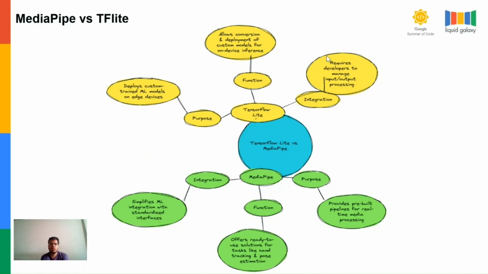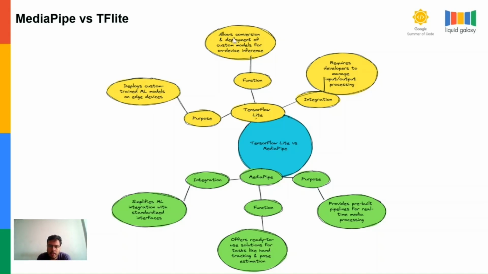So now we have to compare MediaPipe versus TensorFlow Lite. We know that MediaPipe is much more versatile compared to the TF Lite models, but they have specific role requirements and usages as well. The TensorFlow integration is based on models, so it requires developers to manage input-output processing by themselves.